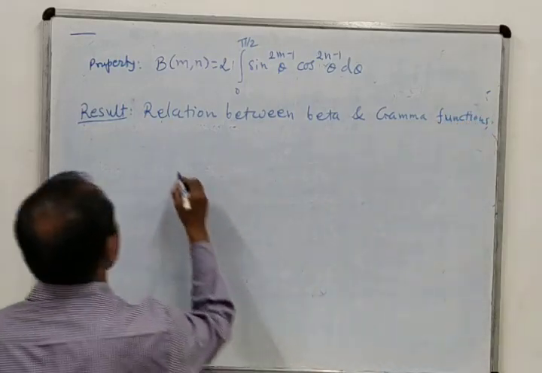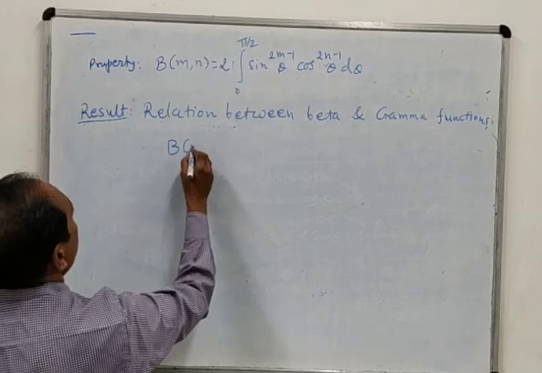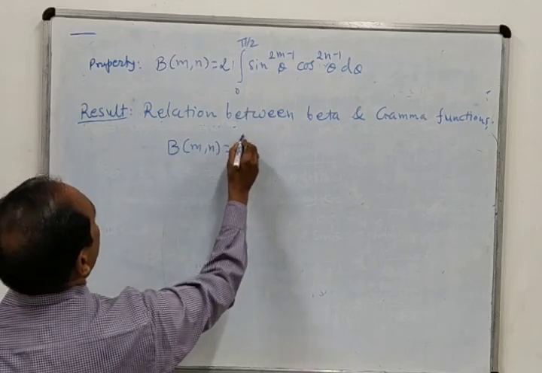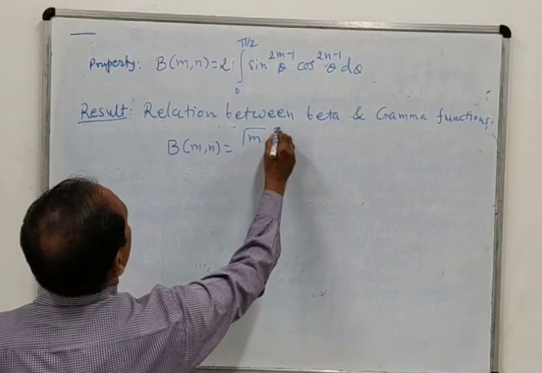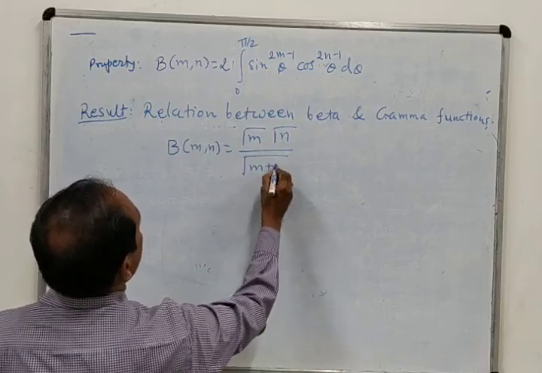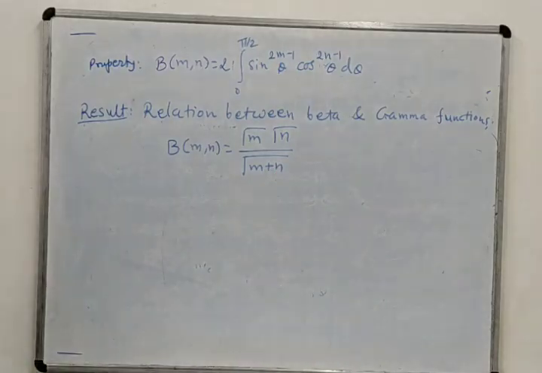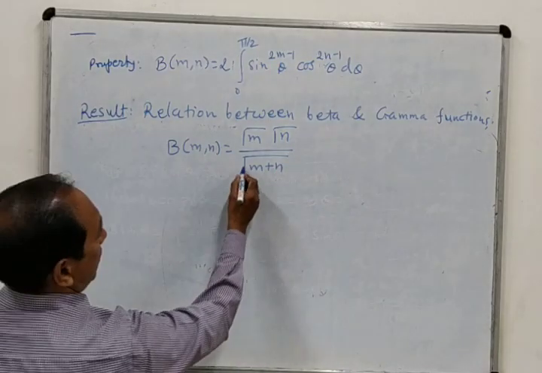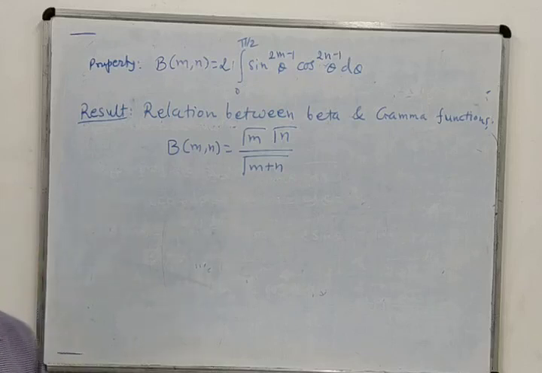So the relation is beta m comma n equal to gamma m into gamma n divided by gamma m plus n. And you must use this symbol for gamma. You don't use the symbol of the square root type. So this is the relation.